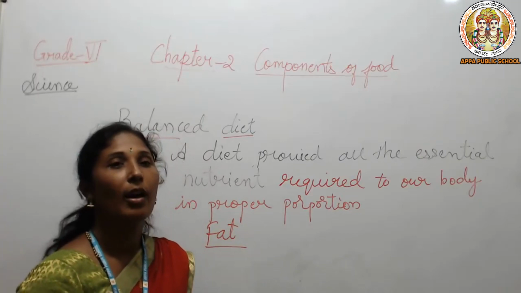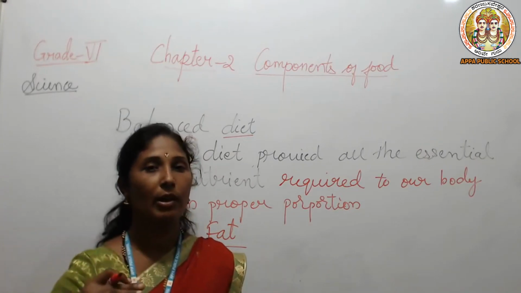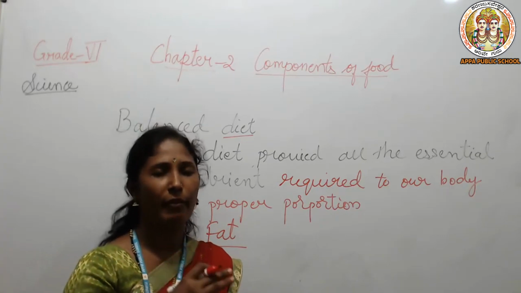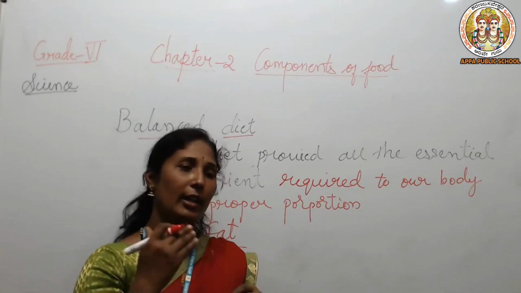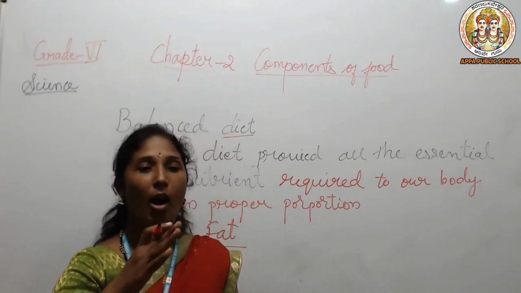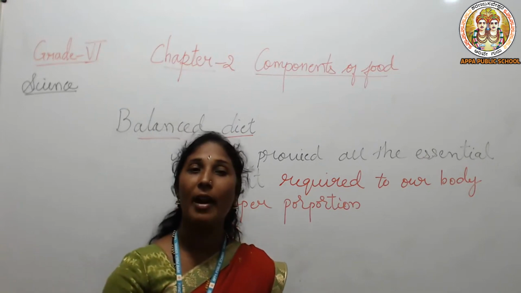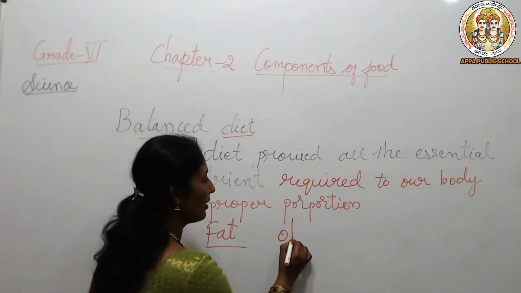What will happen? The fat will go on storing in our body. Wherever there is space, the fat will go. The fat will not be burned. It will remain in our body, and all parts of our body will swell and become fat. That disease is known as obesity.